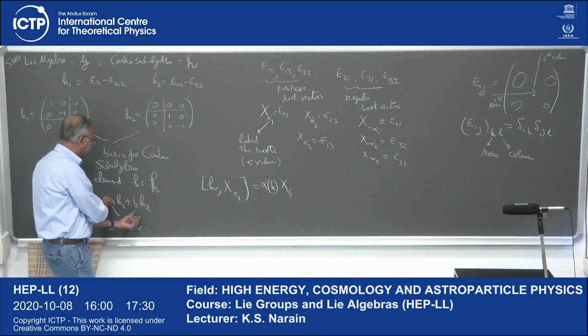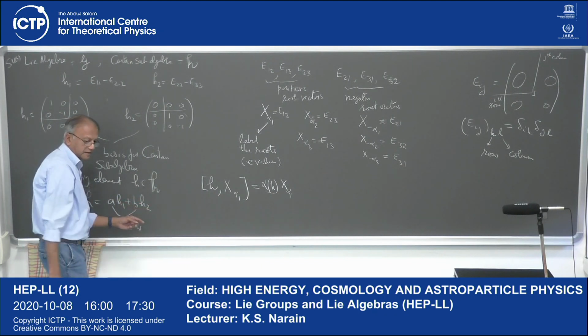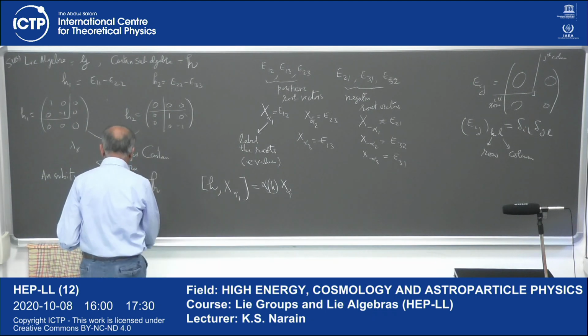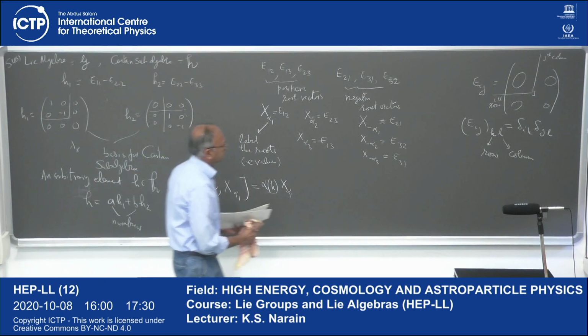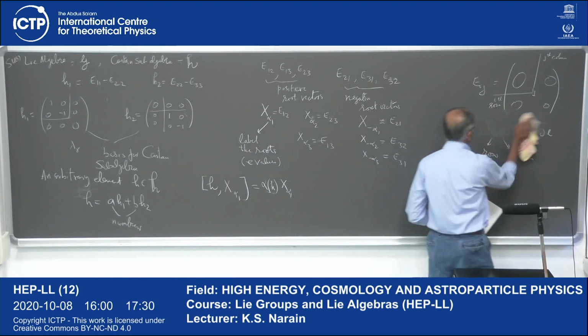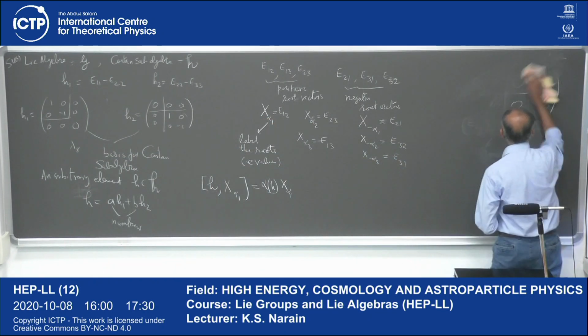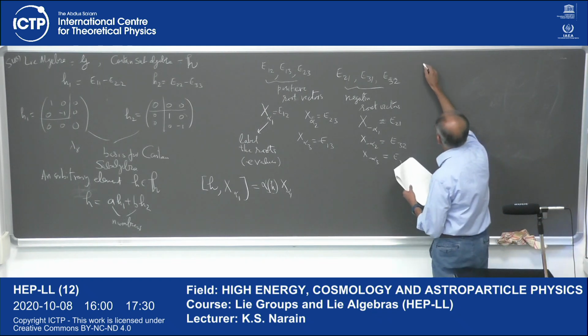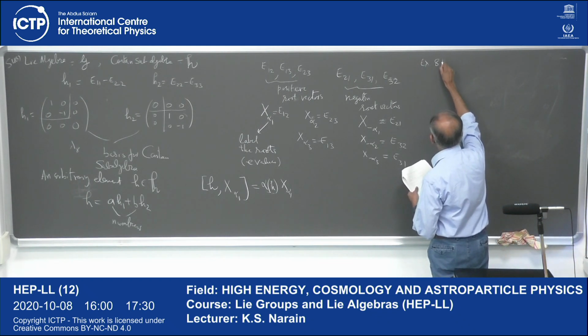Now if I take this one, it will be A times the first number plus B times the second number. Now there's an exercise here, exercise 8.4. It's very simple. You just have to work it out using the commutation relations for the EIJs, and that's exercise 8.4.